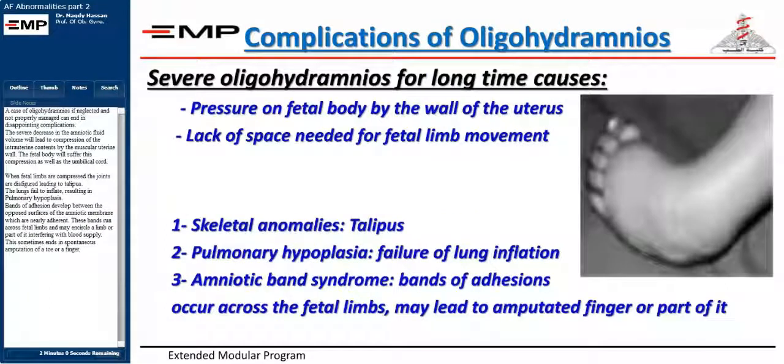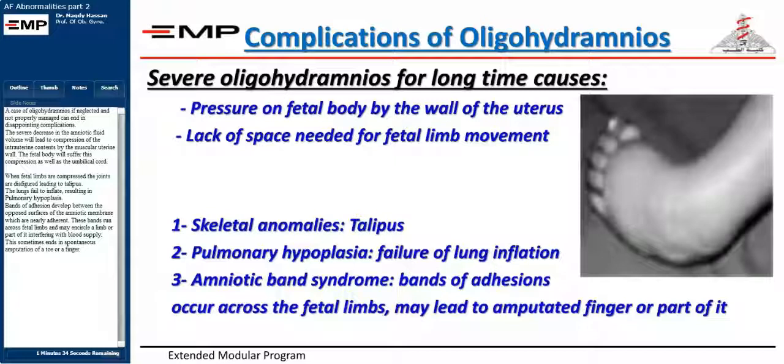A case of oligohydramnios, if neglected and not properly managed, can end in disappointing complications. The severe decrease in the amniotic fluid volume will lead to compression of the intrauterine contents by the muscular uterine wall. The fetal body will suffer this compression as well as the umbilical cord. When fetal limbs are compressed, the joints are disfigured, leading to talipes.